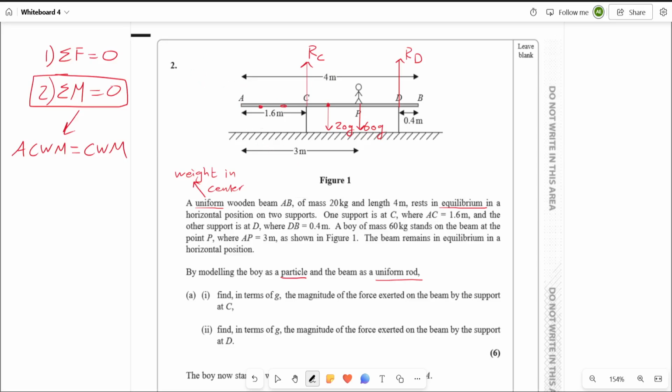So this point, that point, here, over there. I can feel free to choose any point that I want, but I'll teach you some ways in order to choose a point smartly that's going to make your life way easier. So over here, we want first to find the reaction at C.